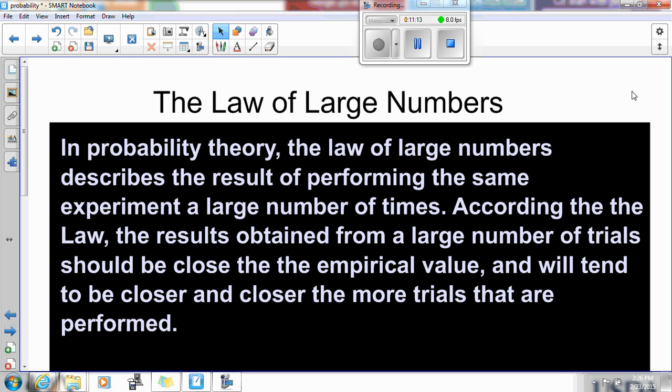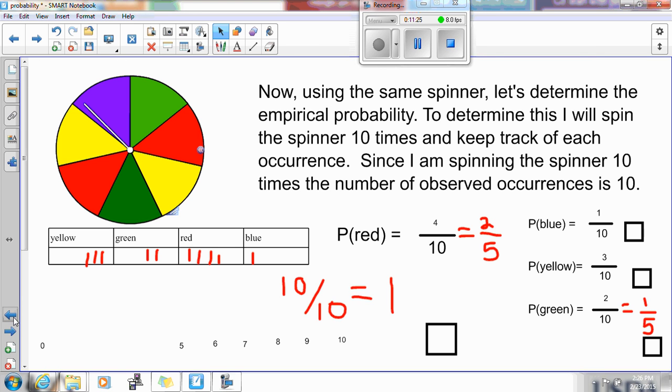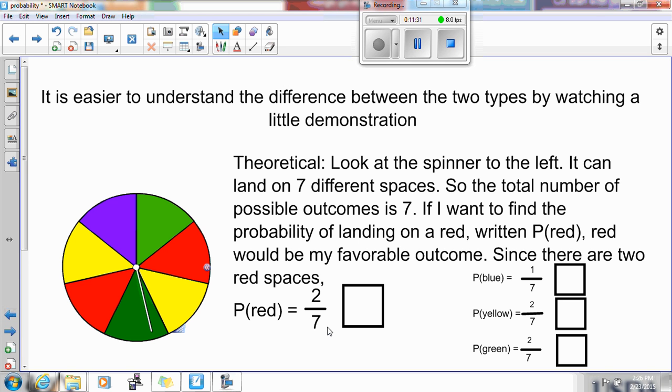Now, this leads us to an interesting thing. Why are empirical and theoretical, why do we get different values? Well, let's go back and look and see that we got different values. See, for instance, the probability of red here was 2/5, and the probability of red was 2/7. See, we're getting different amounts.